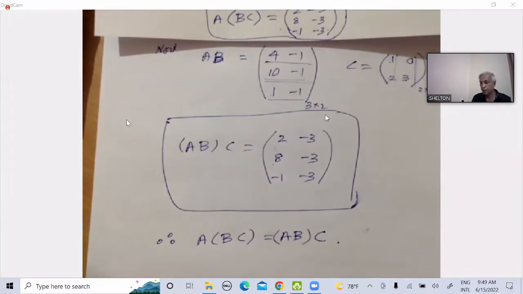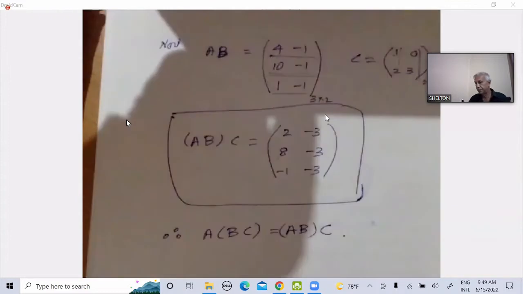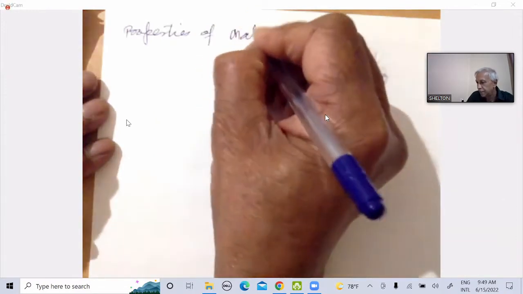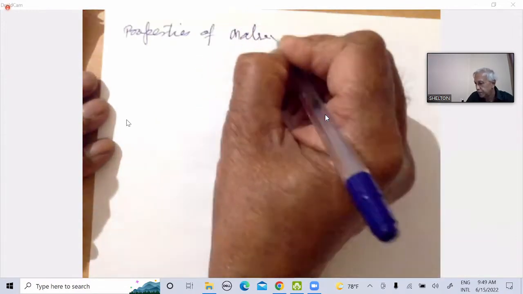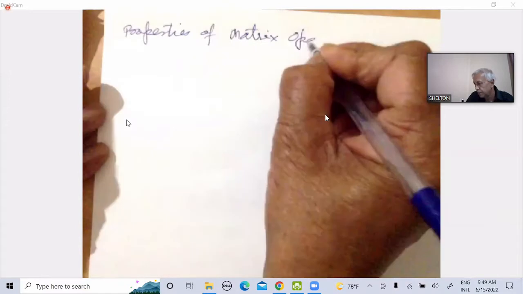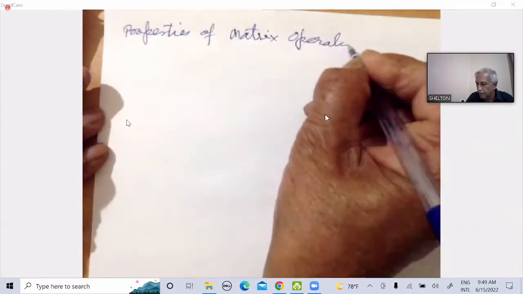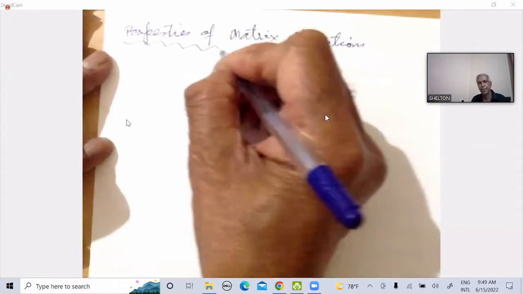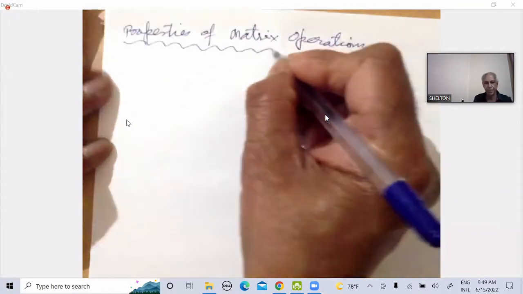So these are the properties of the matrix operations done so far. Properties of matrix operations: addition, subtraction, multiplication by a scalar, and matrix multiplication.